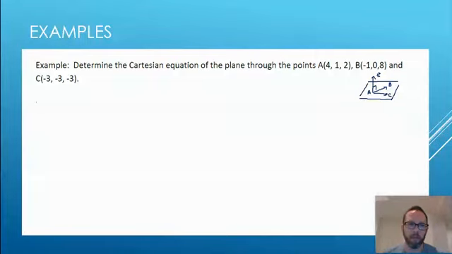So let's do that. Let's find vector AB. Be careful this time: it's -5, -1, and 6. And we're going to use AC, just because. AC would be -7, -4, and -5. Well, that's a lot of negatives. But a normal for us is going to be the cross product between those.